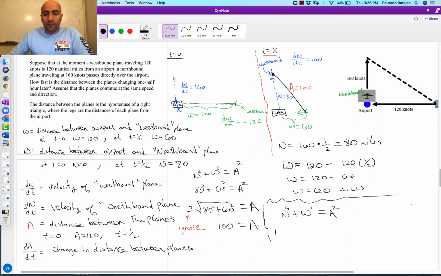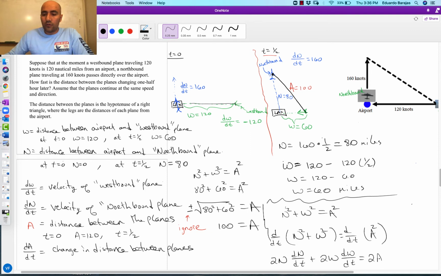And now we're going to take a derivative with respect to t of everything. The derivative of N squared plus W squared equals the derivative with respect to t of A squared. Now using implicit differentiation, we get 2N dN/dt plus 2W dW/dt is equal to 2A dA/dt.